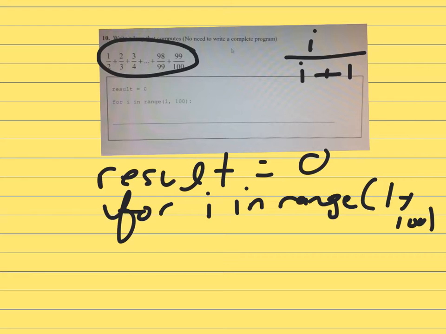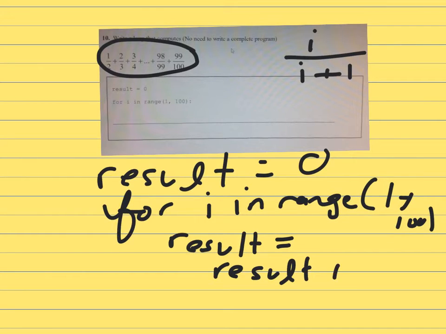What do we have? We have results equals results plus I over I plus 1. What this results plus I over I plus 1 will do is add the previous value to the existing value.